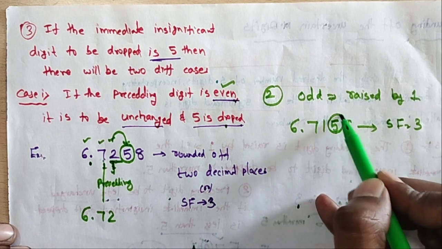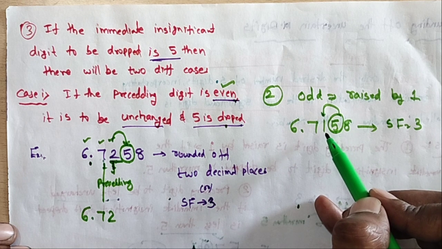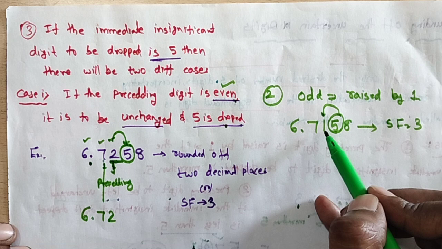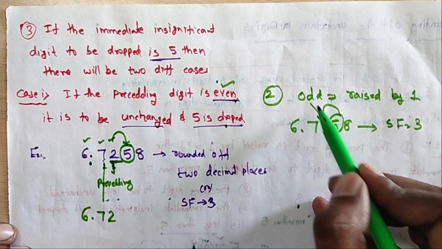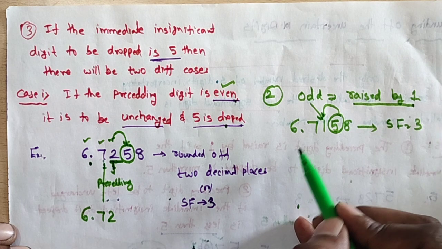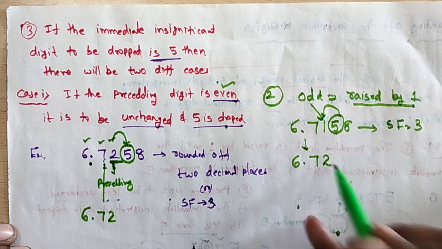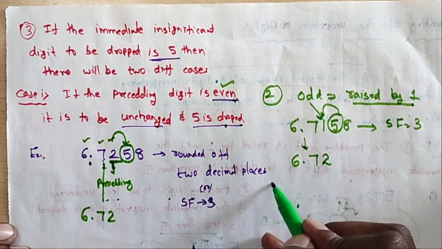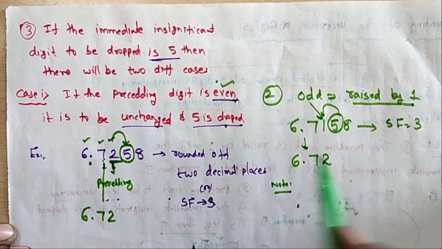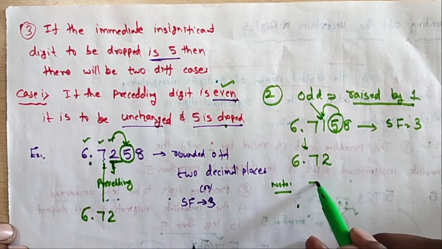Check whether the preceding digit is even or odd. In the odd case, what happens? Raised by 1. So the answer is 6.72.